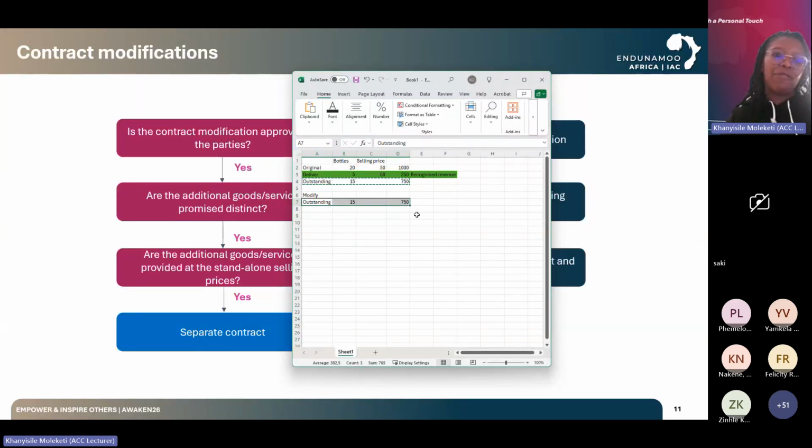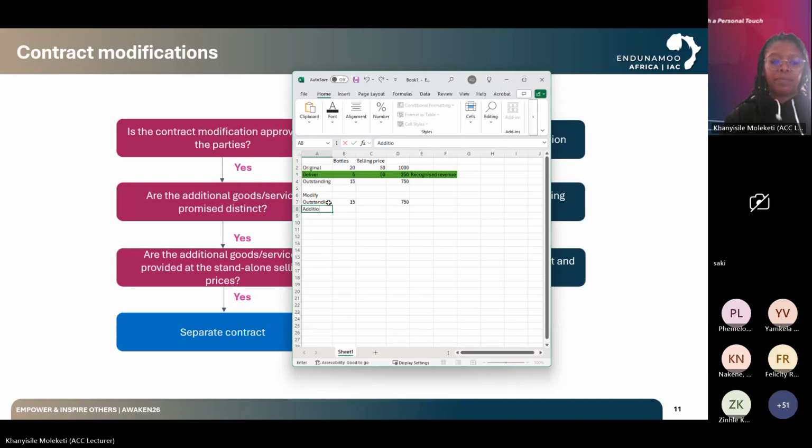meaning there's still a 750 outstanding, plus the new or the additional goods or services. Okay, and we said we added 5, and for that 5 we added 20 Rand. So our new additional transaction price is 100 Rand.